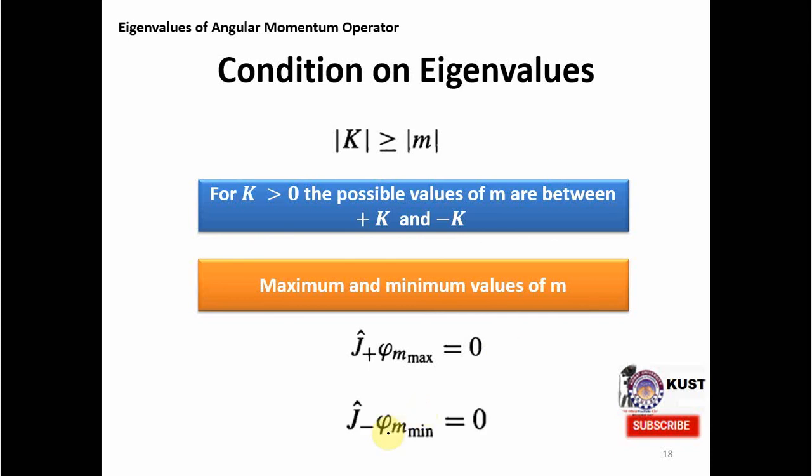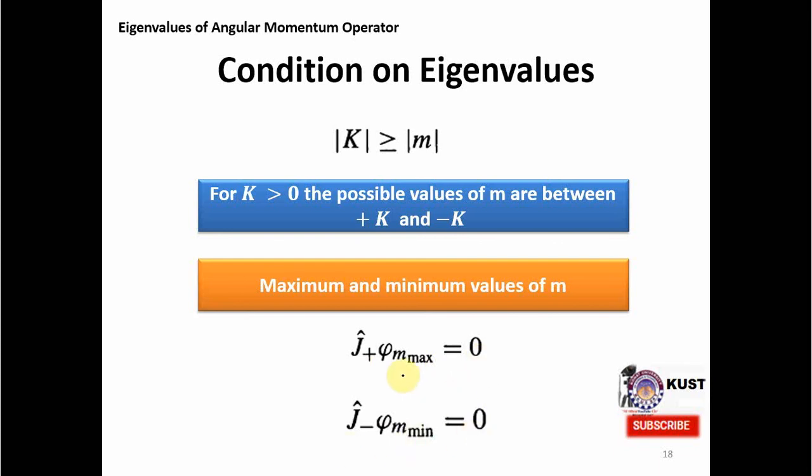Similarly, phi minimum is the lowest value and J minus is taking us lower and lower, but lower than phi minimum is not possible, therefore J minus acting on phi minimum is equal to 0. These are two very important relations: J plus acting on phi maximum equal to 0 and J minus acting on phi minimum equal to 0.